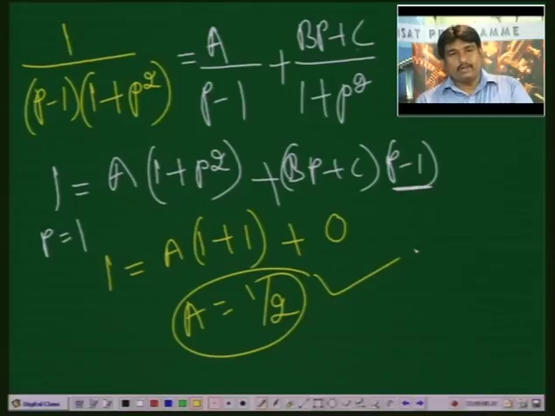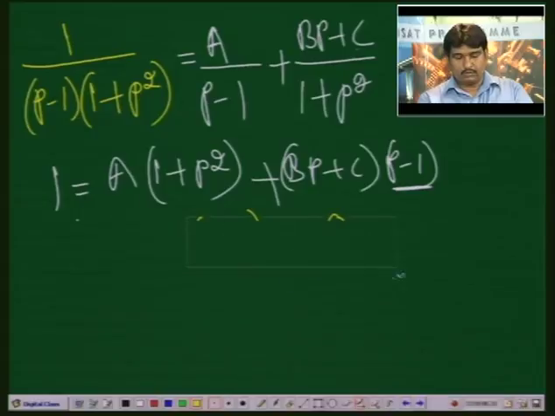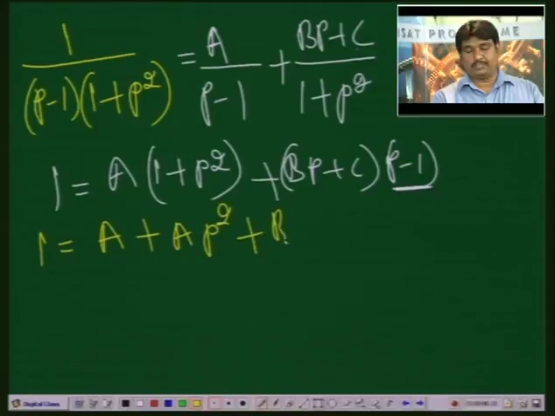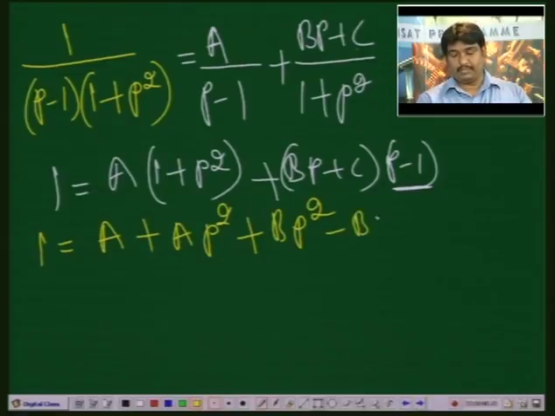You can give arbitrary values for p to get B and C, or else you multiply and equate the coefficients of like powers of p on both sides. One equals, now multiply, A into 1 is A plus A into p square plus Bp into p is Bp square minus Bp into 1 is Bp plus Cp minus C.